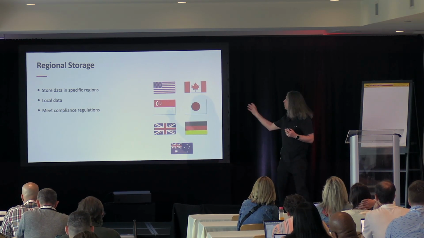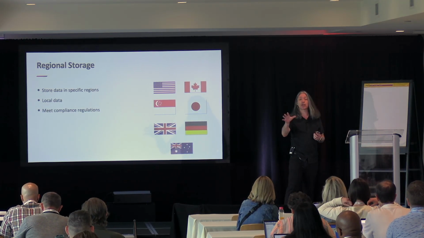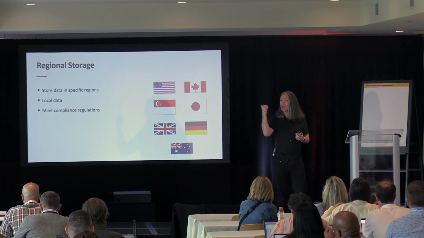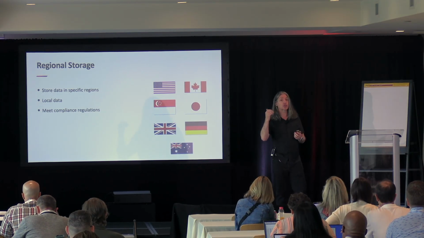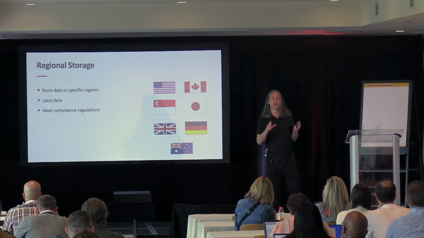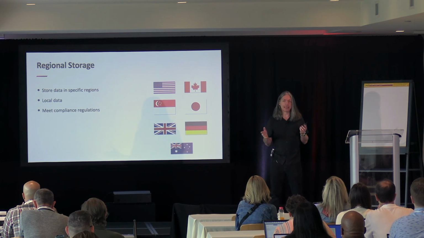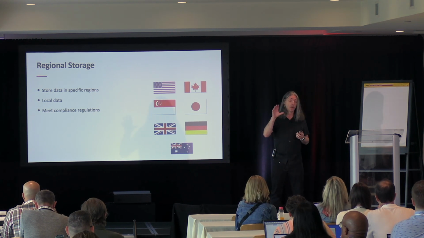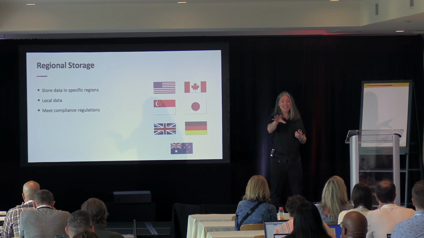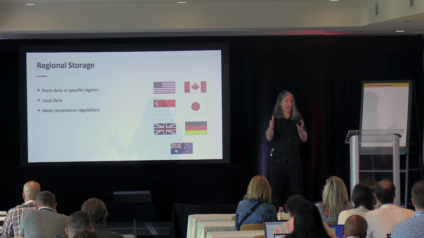And by the way, even though I'm talking about storage here, we also have settings around data routing. For example, we have a financial customer in Australia, and Australia has all these wonderful rules about how you protect your financial information and your banking data. So they need to make sure that not only is the data stored in Australia, but that when it's passing from system to system, it stays in Australia as well.